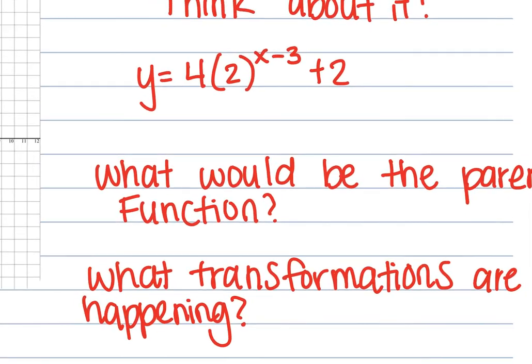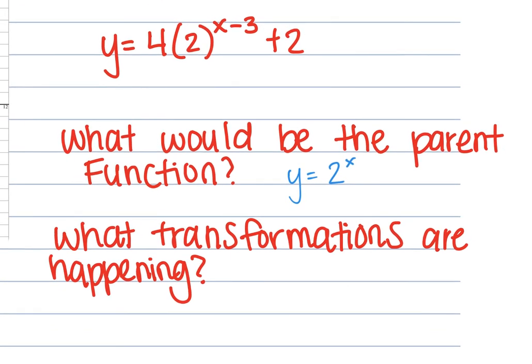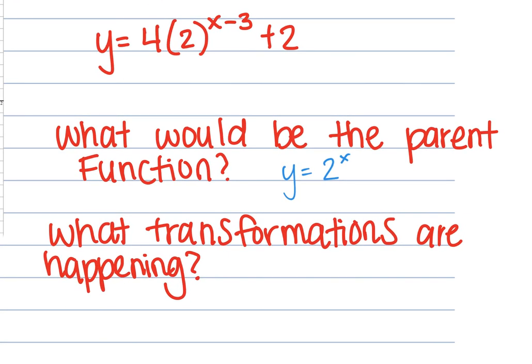All right. First off, what do you guys think the parent function would be for this graph? Nick? Good. Y equals 2 to the power of x. And now let's identify the transformations that are happening.